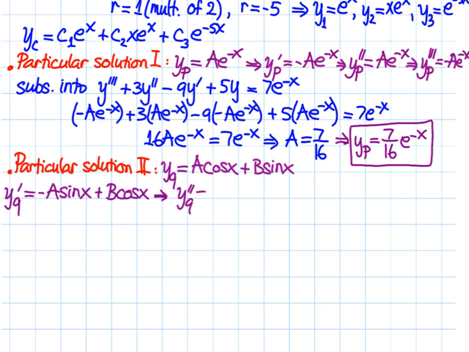The second derivative, negative a cosine x, negative b sine x. The third derivative will be negative a sine x, negative b cosine x.